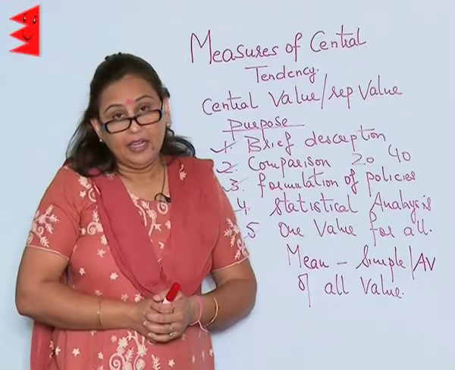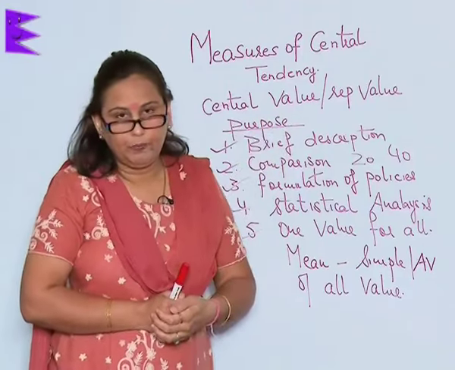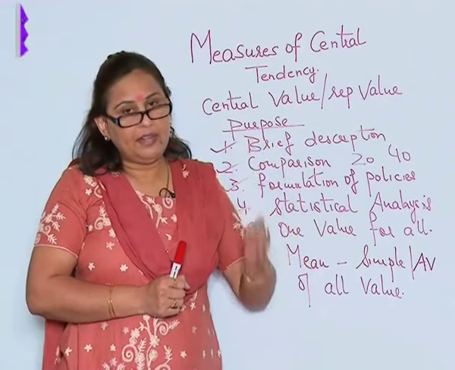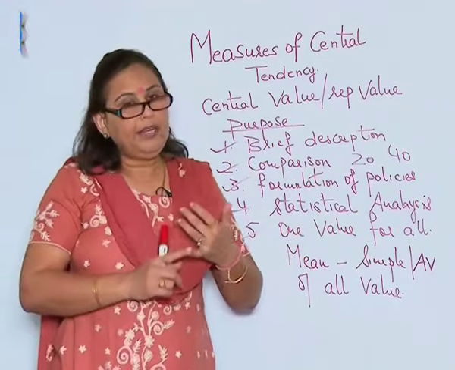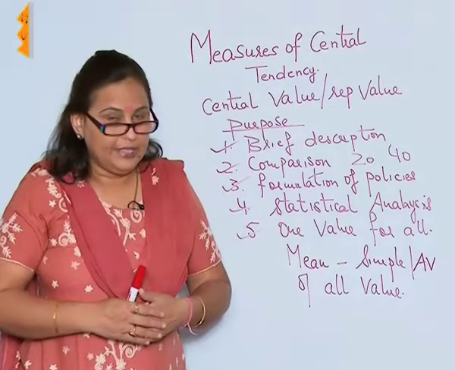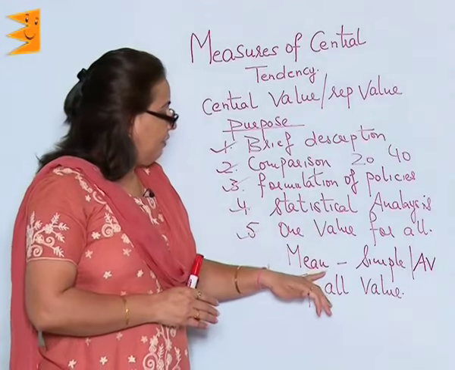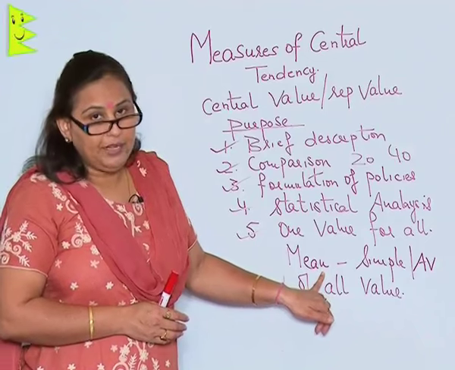As I said, central tendency is finding out the central value, and to find it there are three statistical tools, which are mean, median and mode, which we are going to study in detail. First of all, we will be studying the mean.